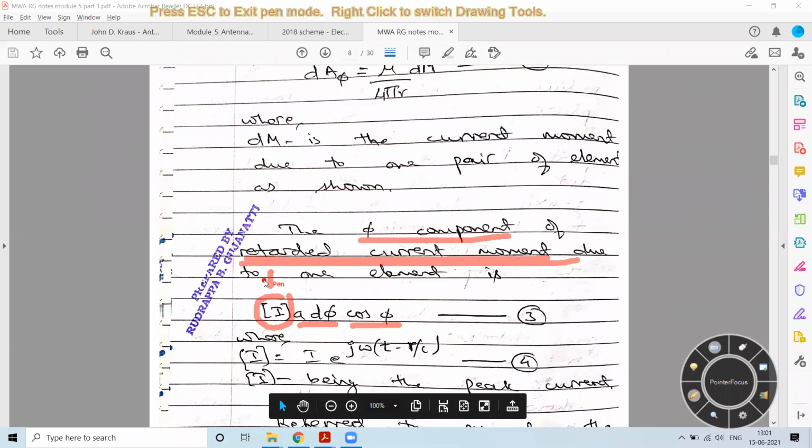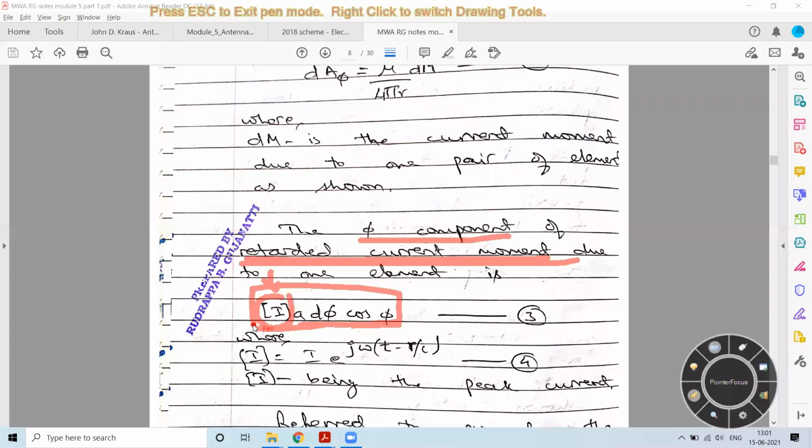So this is the retarded current. Now this gives rise to a retarded moment, which is given by this equation, and this one is the elemental length we are considering for that loop.